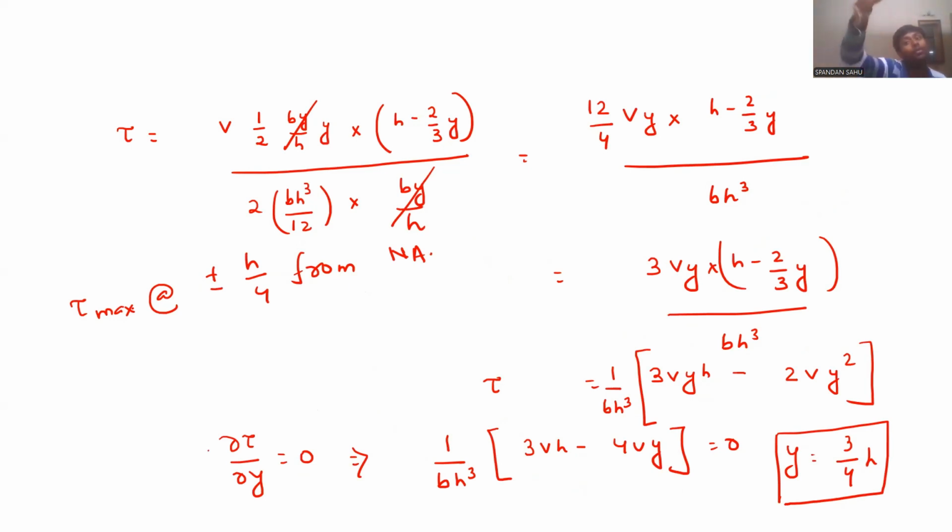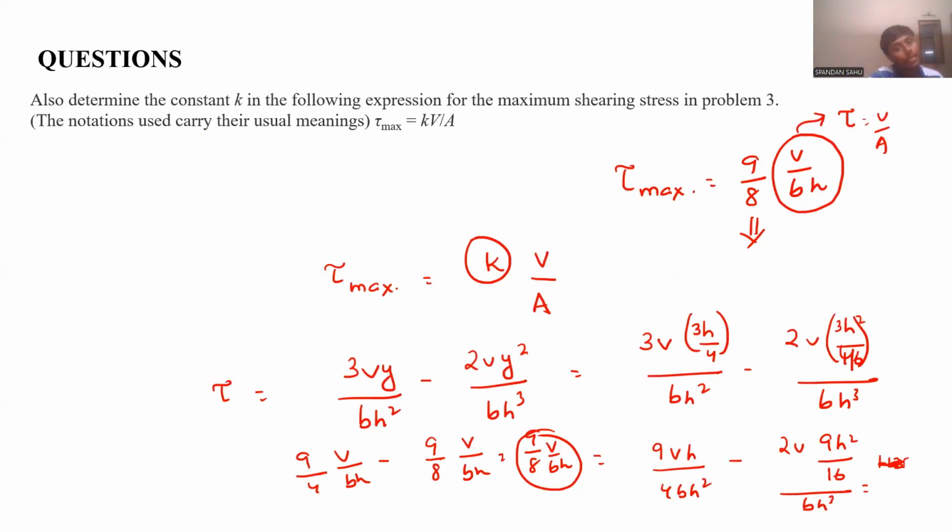That means plus h by 4 represents above the neutral axis and minus h by 4 represents the bottom portion. Correct? So note it down. Okay, done.